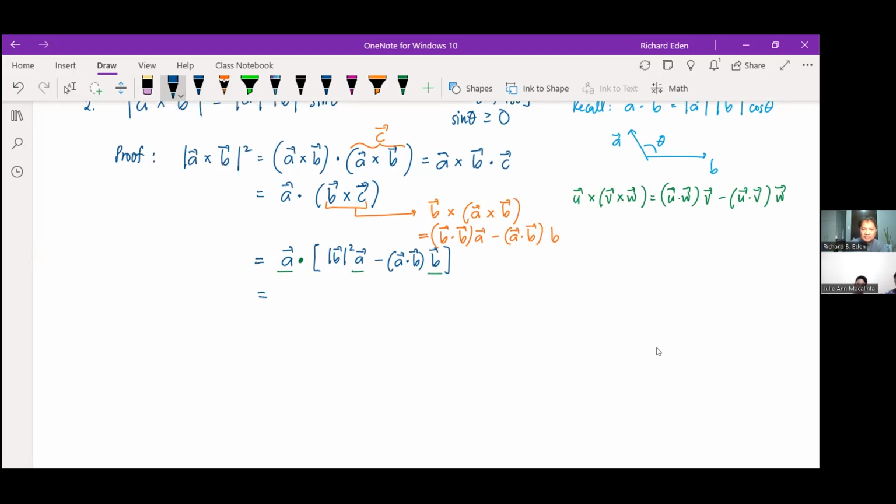So now we have length of B squared, and then A dot A minus the scalar A dot B. And then what we're going to have here now is A dot B.